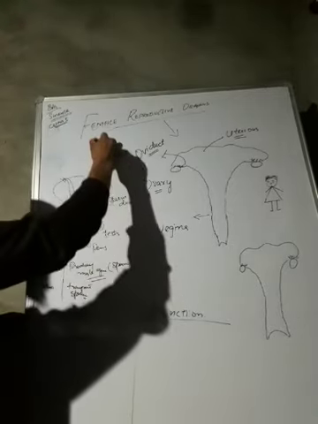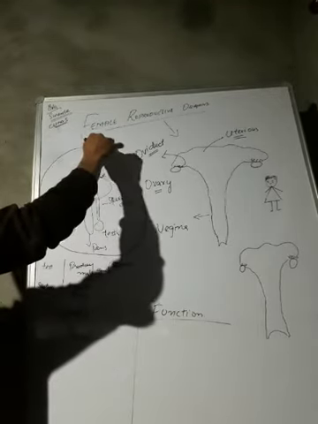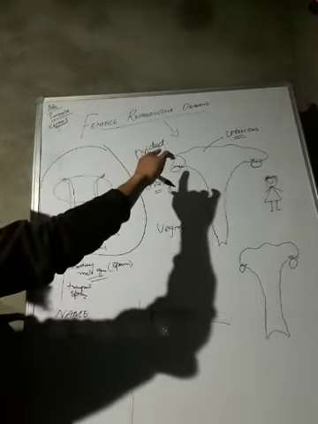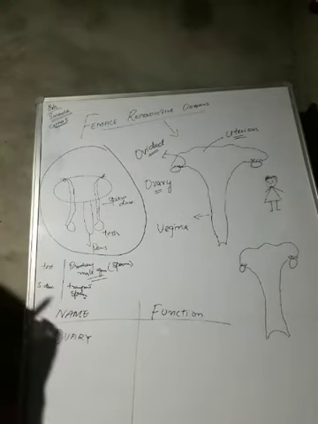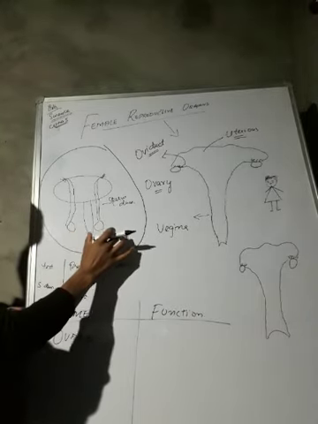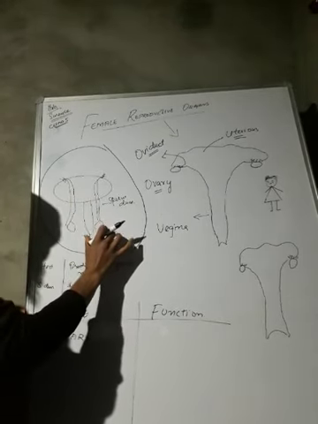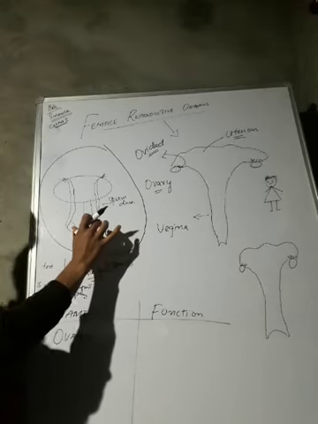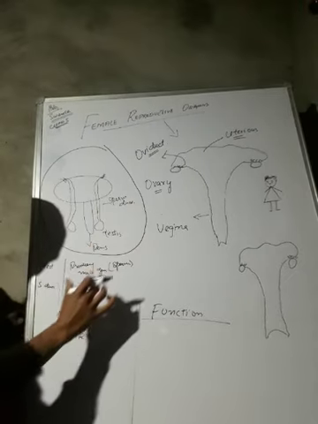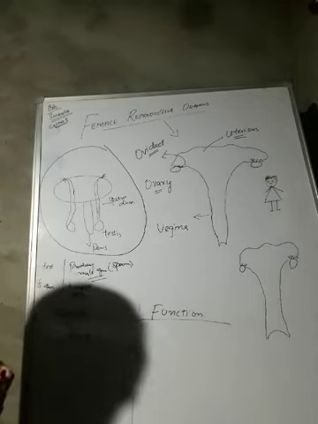This was the male reproductive system, and this is the female reproductive system. Here there were the testes, which were producing male gametes called sperm. Here also the ovaries are producing the female gametes.